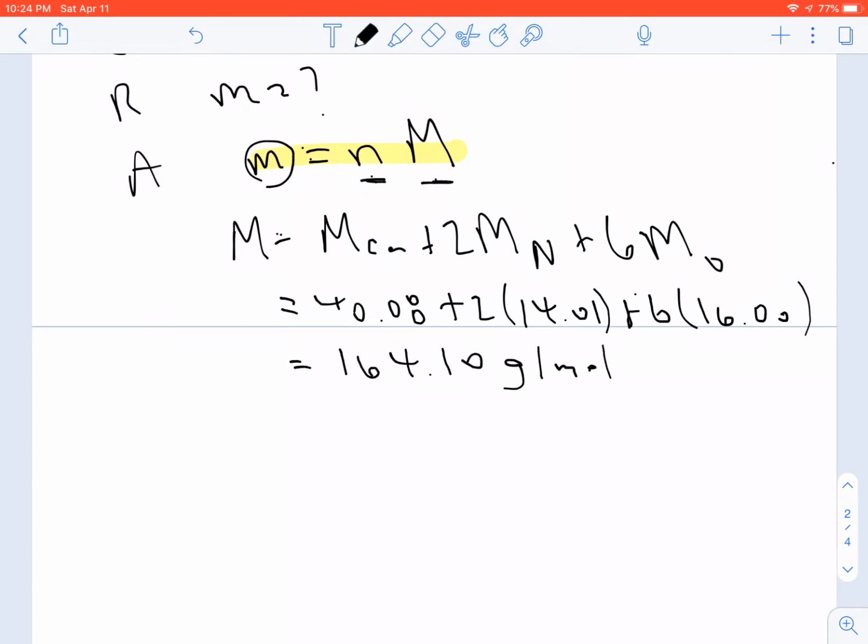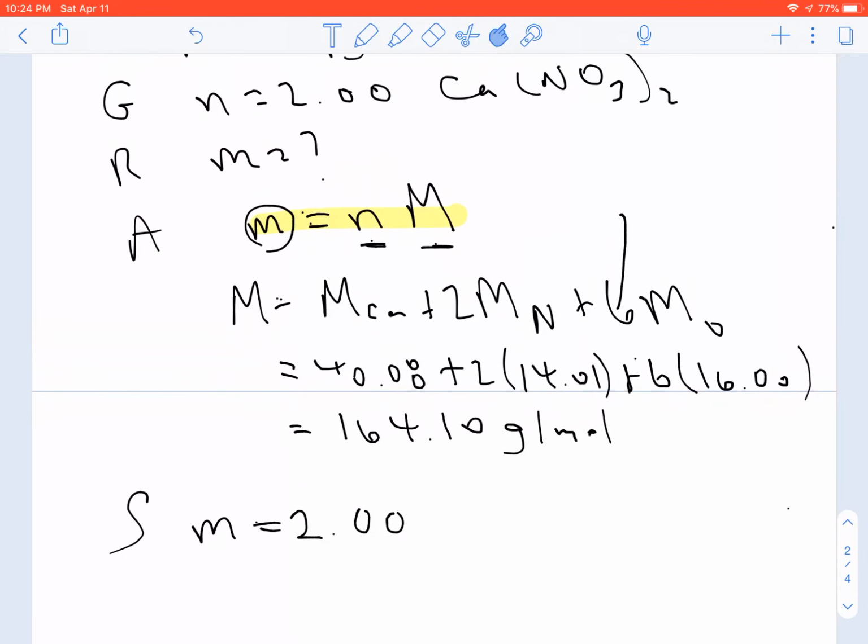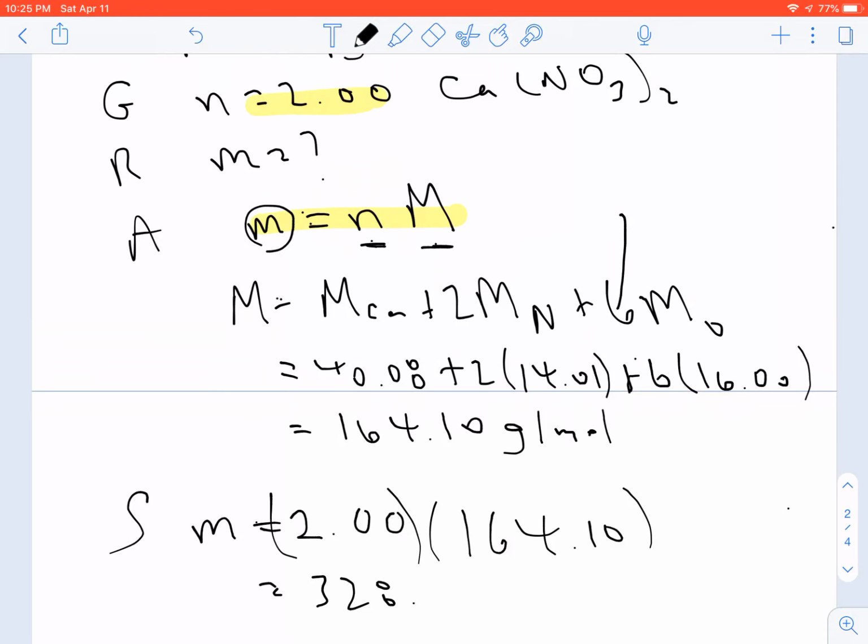I substitute: mass is equal to the number of moles, which is in the question up at the top, times the molar mass, 164.10, and I end up with a final answer of 328.20 grams.